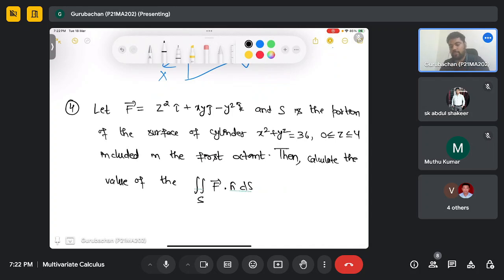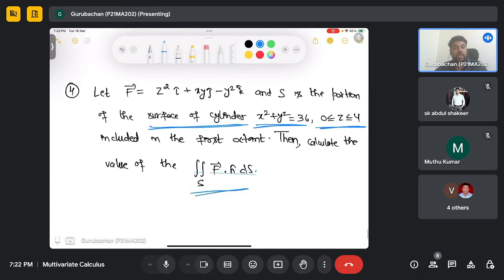Here let me mention that we need to only follow this surface integral, so we should not relate this with the Gauss divergence theorem. I just want to give a glimpse of the surface integral. We are considering only that portion where this cylinder x square plus y square equal to 36 and z is lying between 0 to 4 in the first octant. So I would specifically say the curved surface.